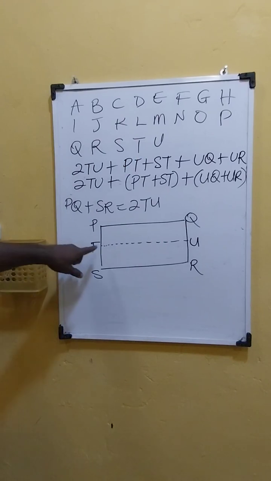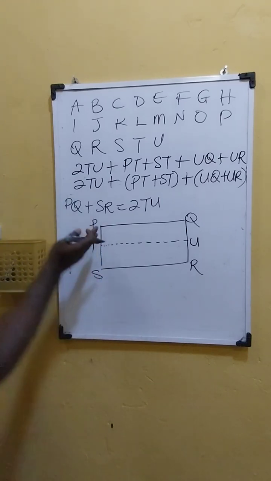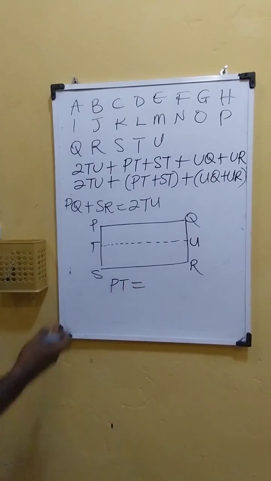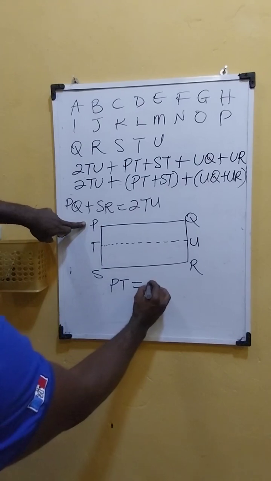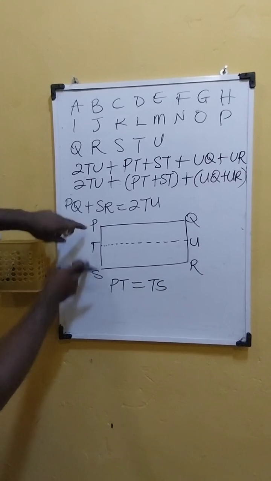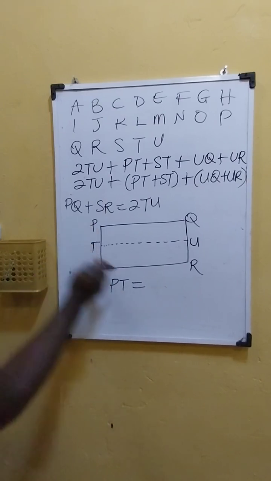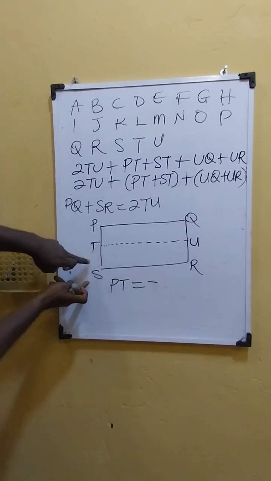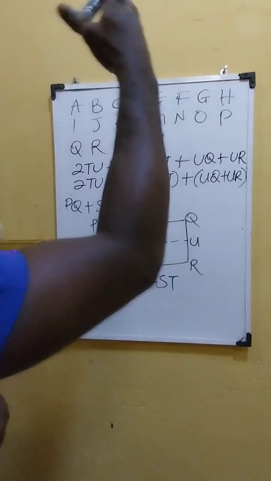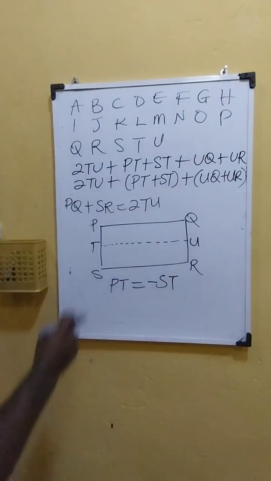So the first diagonal, PT, is supposed to be equal to TS. But since the diagram was separated, it is now going to mean that PT is equal to minus ST, because it's going this way now. Remember the thing we did in the first part, you can also rearrange to make it PT is equal to TS.